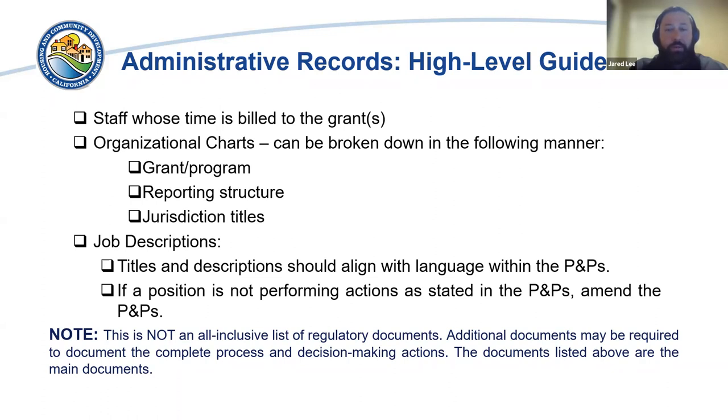So the point with these records is really to set the stage of the organizational structure of each staff member HCD might interact with and outline what exactly they will do in relation to the grant and program implementation. So items such as job titles and descriptions are important to align with written processes in terms of how a program will be managed.